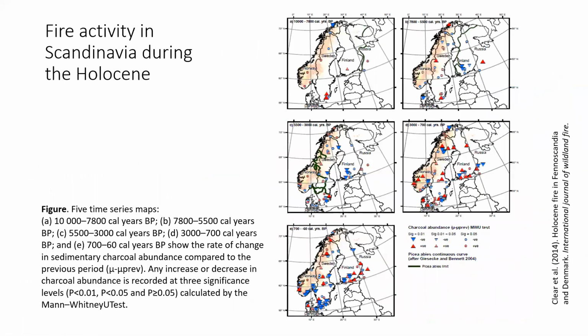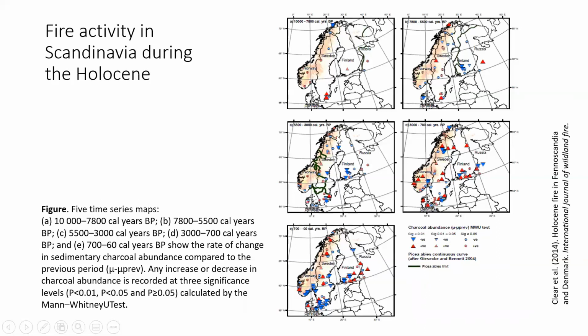Then, zooming a little bit closer to home, here is a reconstruction of fire activity in Scandinavia during the Holocene. Again, red shows the increase in fire activity and biomass burning, and blue shows the negative.